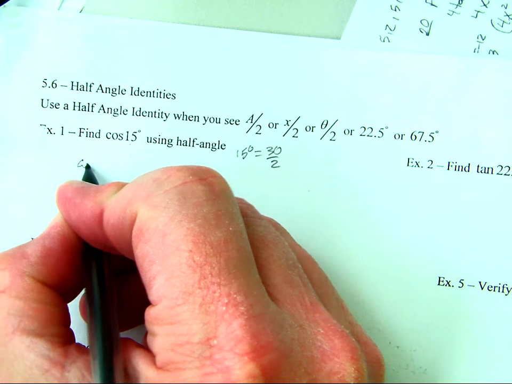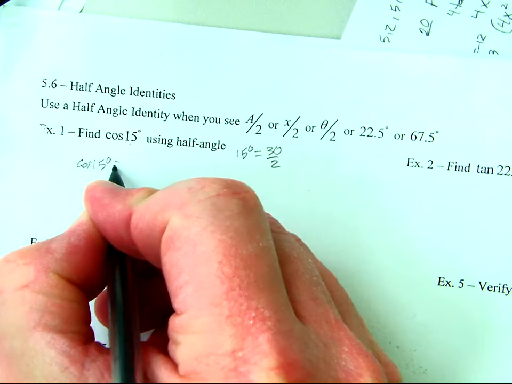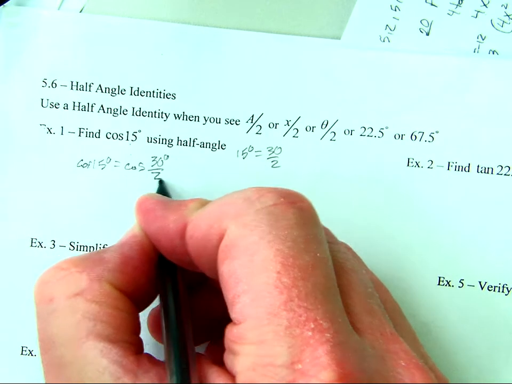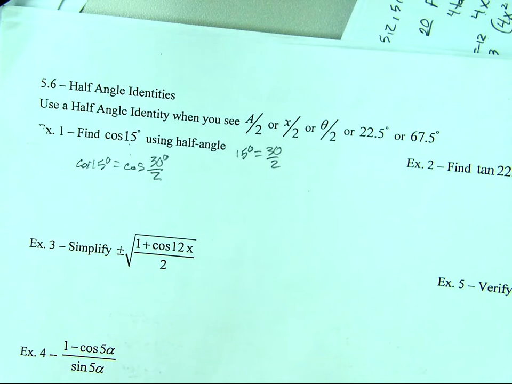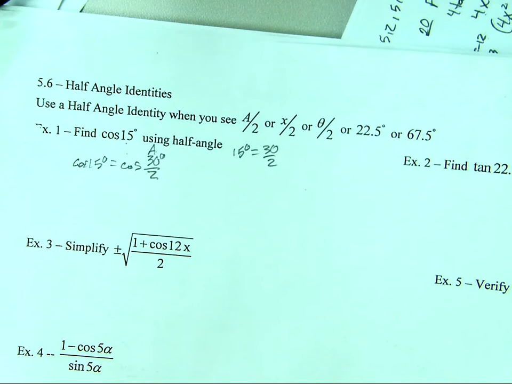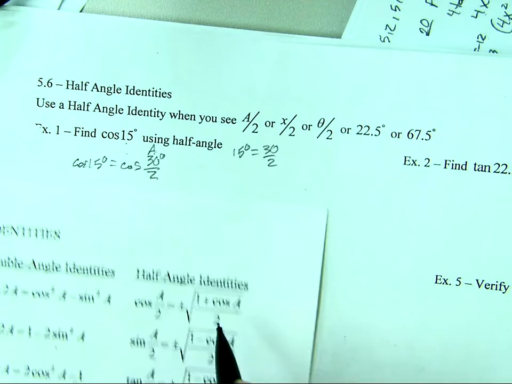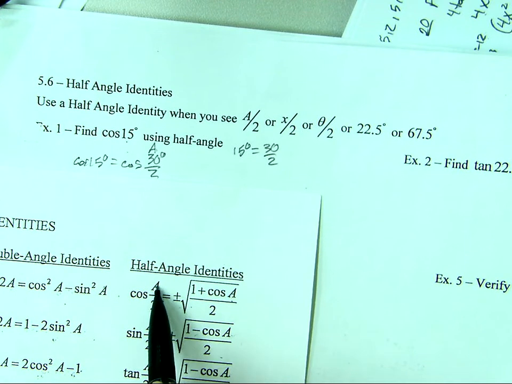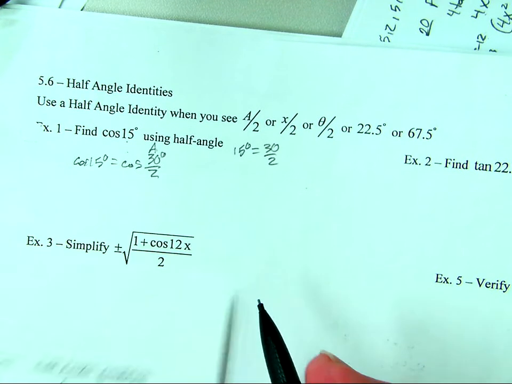So if we want to do the cosine of 15, we think of that as the cosine of 30 over 2, and now we can use the half angle formula. That just means A is 30. So we go to our identity for half angle. The cosine one looks like that. We're just going to put 30 in place of A. Since it's A over 2, in this case that's 30 over 2.